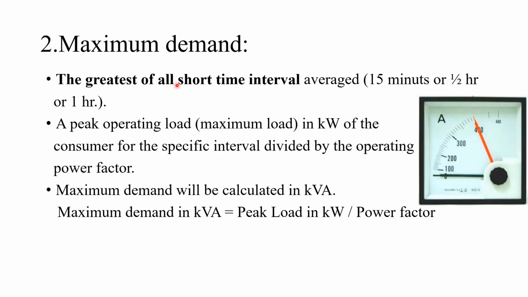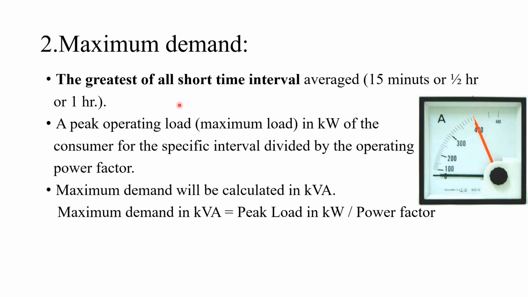Next is maximum demand. It is the greatest of all short time interval loads averaged over a particular period of time. That can be 15 minutes, half an hour, 1 hour or something like that.